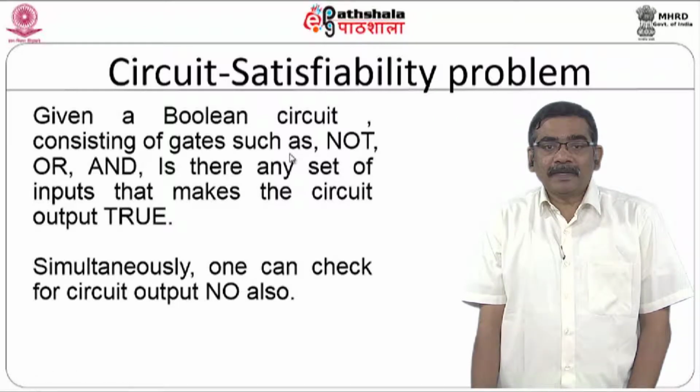Suppose, let us say, only 3 variables are involved, the solution is quite easy, because all we have to do is generate 2 power 3 inputs and we can formally verify the output. If the number of variables becomes 4, then the total number of inputs becomes 16.